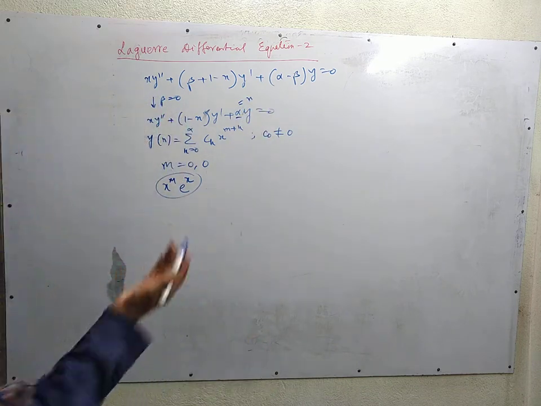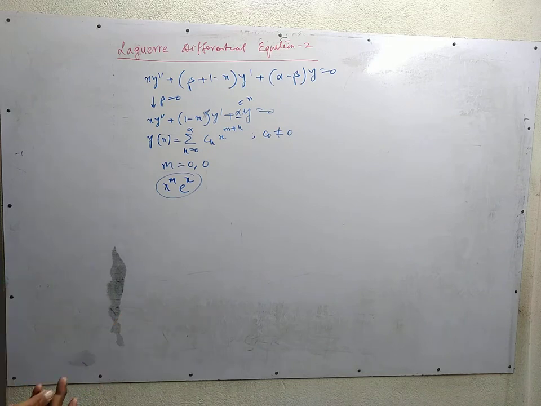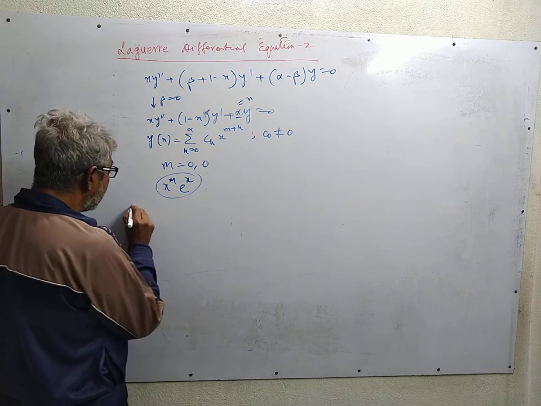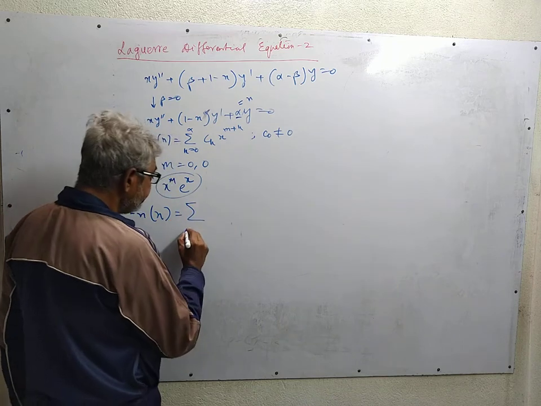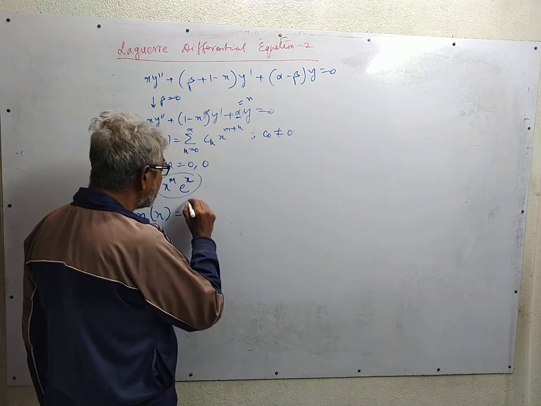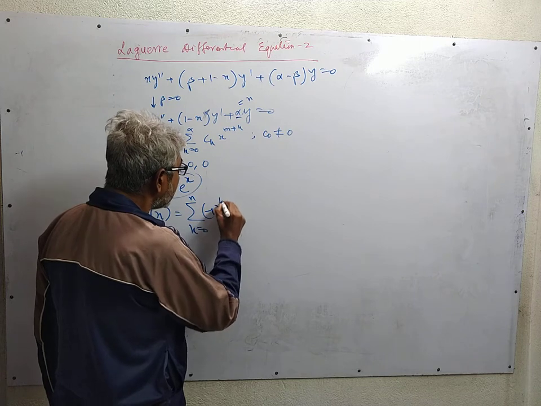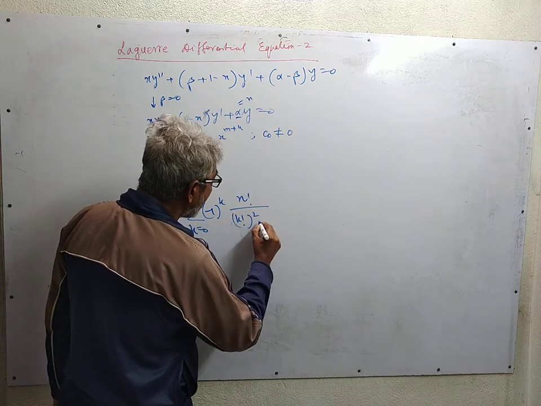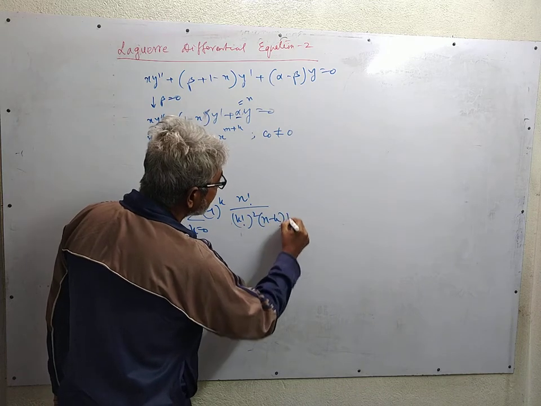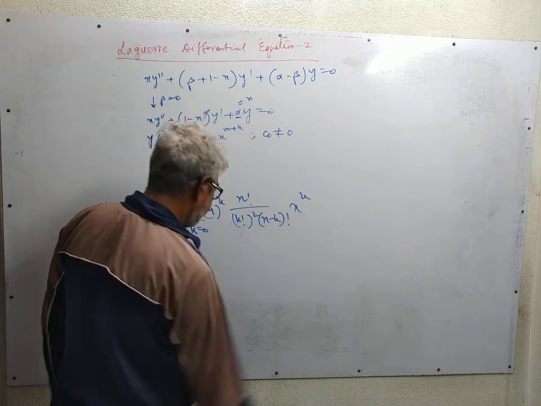So alpha can have values 0, 1, 2, etc., in which case the solution becomes a polynomial of order n and is called the Laguerre polynomial, which has the series expansion: summation over k from 0 to n of minus 1 to the power k, n factorial square, divided by k factorial square, n minus k factorial, x to the power k.